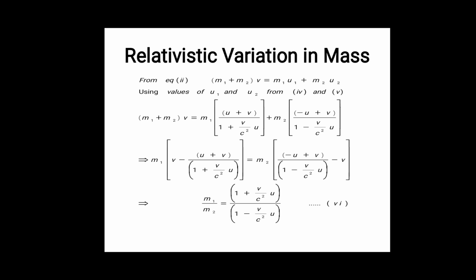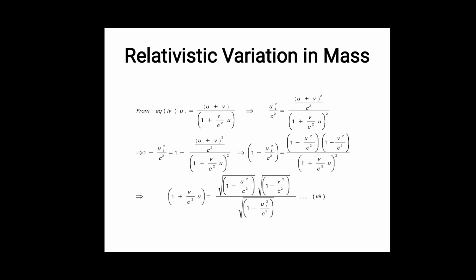From equation number 2, we can write m1 plus m2 into v equal to m1 u1 plus m2 u2. Separating the terms with m1 on the left hand side and terms with m2 on the right hand side, and then simplifying, the result in equation number 6 can be proved.